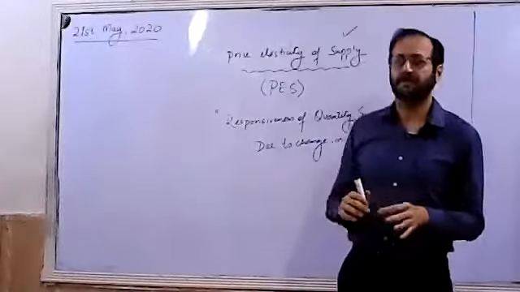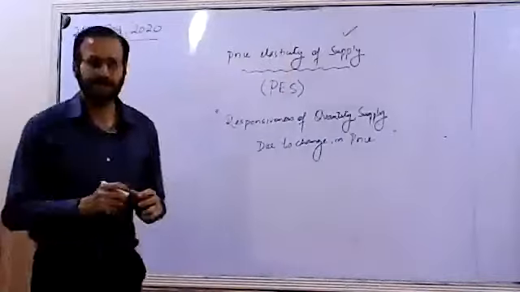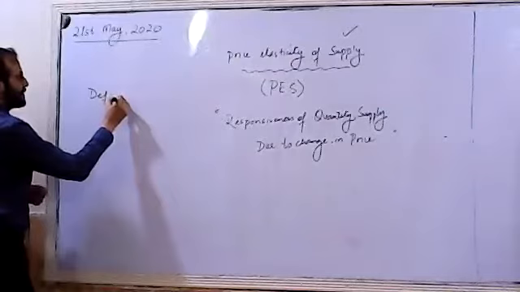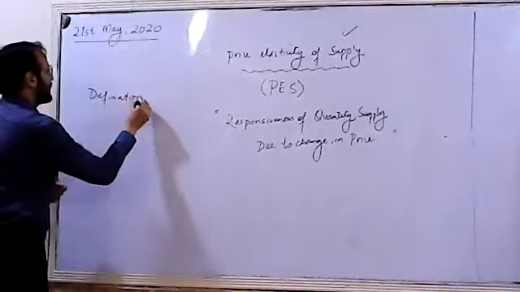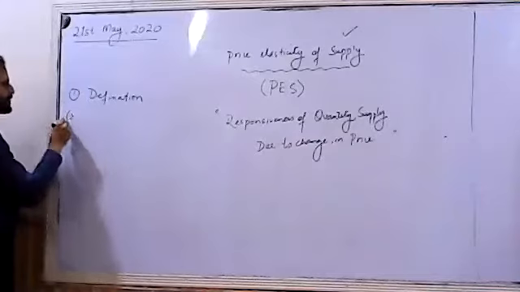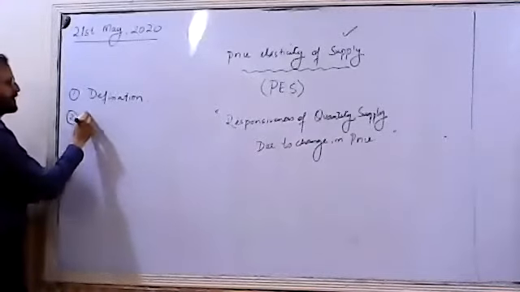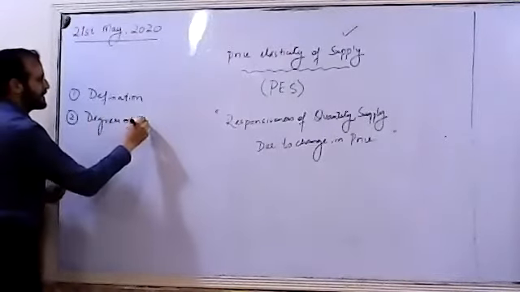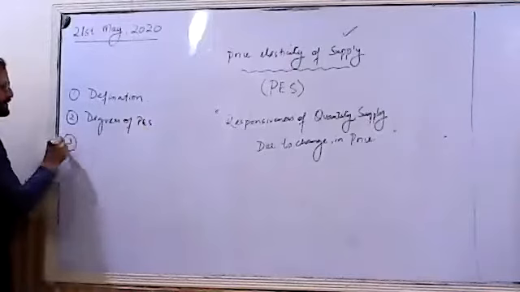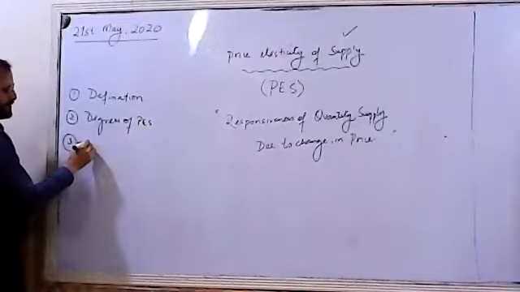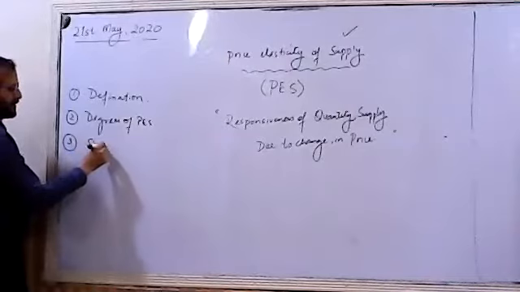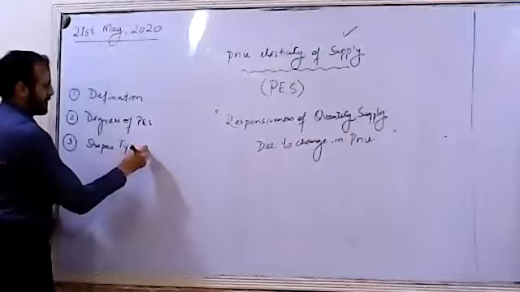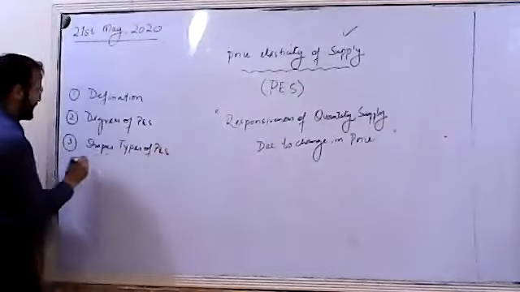So some of the objectives which we are going to go through today, and we're going to wind up the session. So first of all, in our objectives, we have a definition to learn today. We will try to find out what are the degrees of price elasticity of supply, what are the various shapes, or let's say the types of price elasticity of supply.